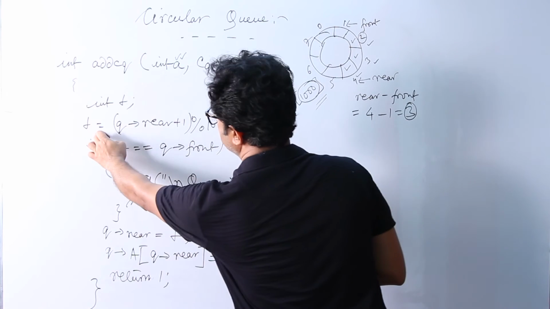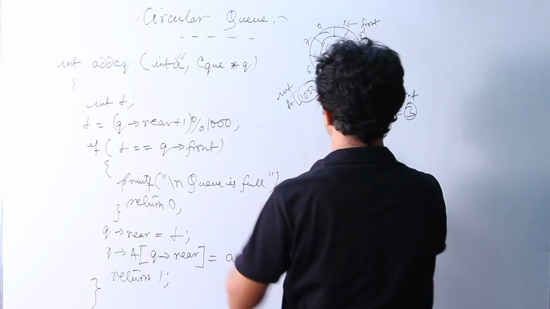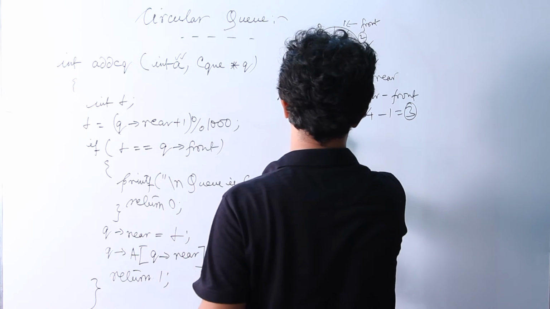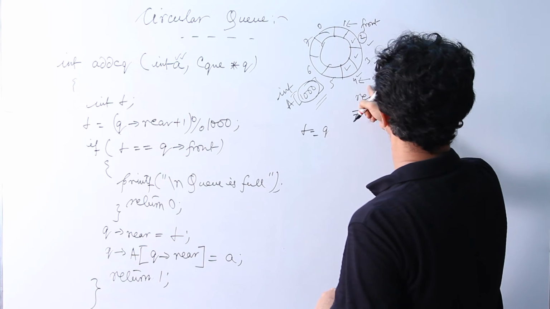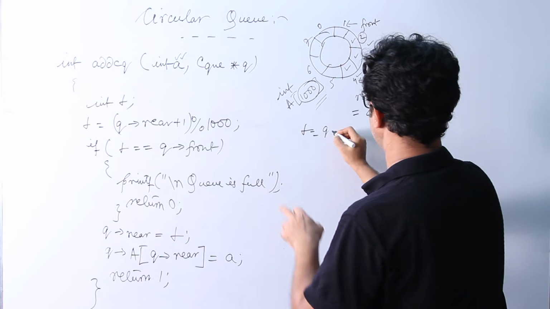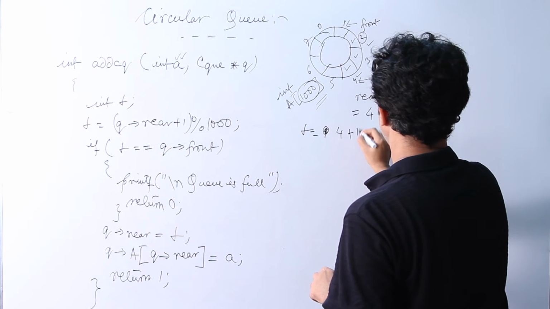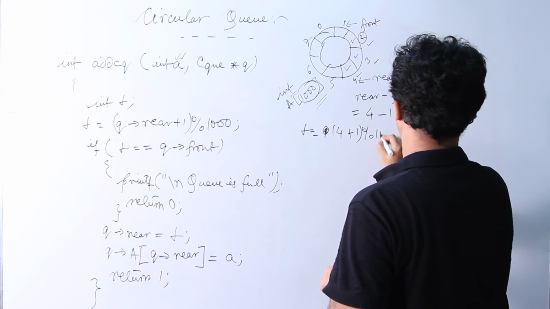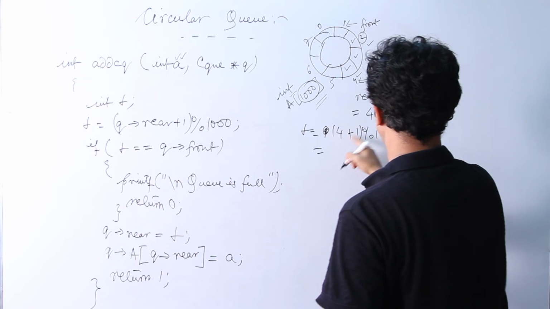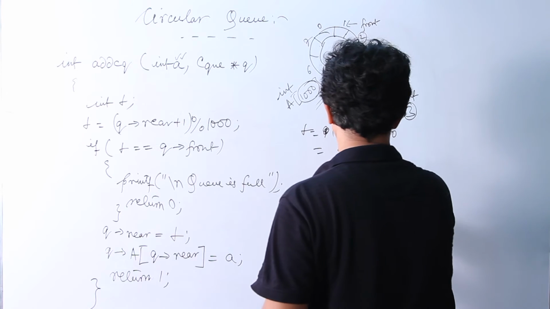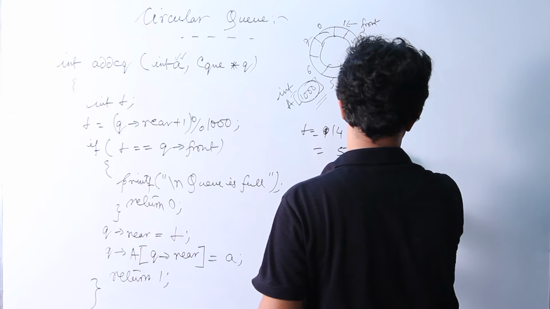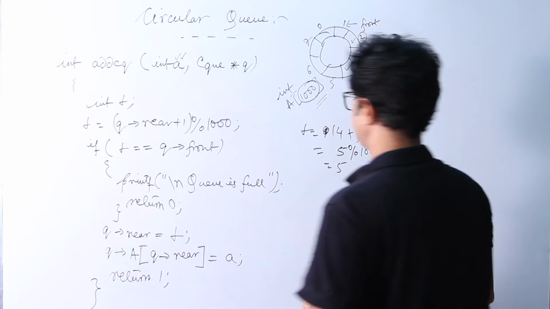See this, t is equal to q rear plus 1 modulo 1000. Q rear means 4, so 4 plus 1 modulo 1000, that means 5 modulo 1000, that means 5.